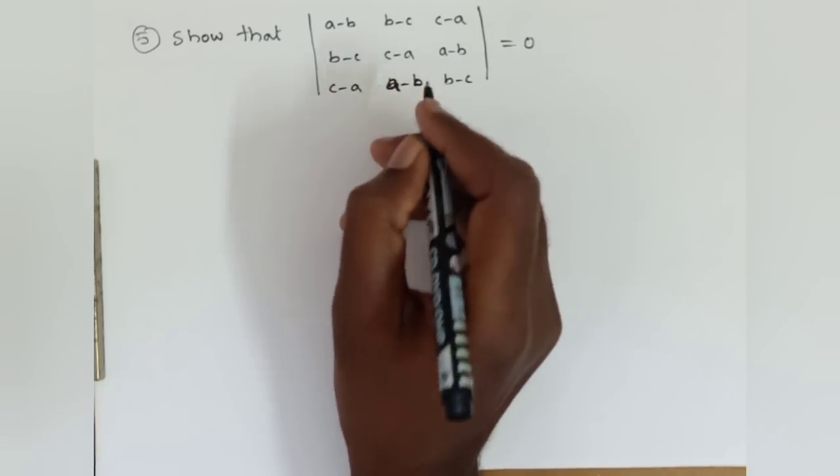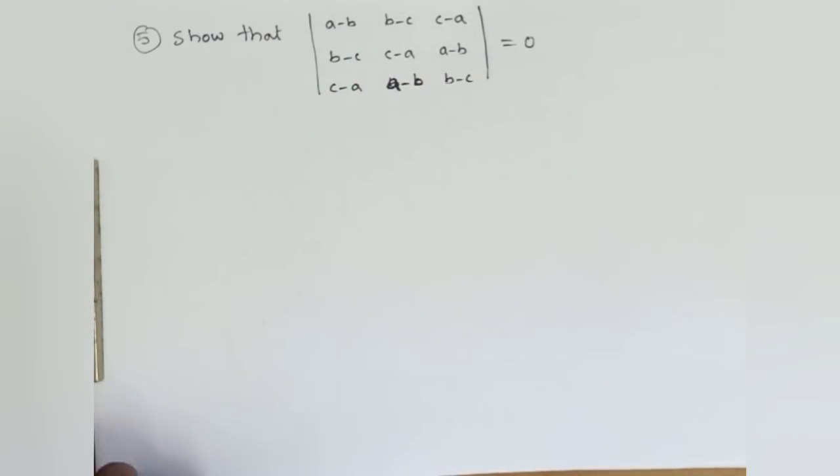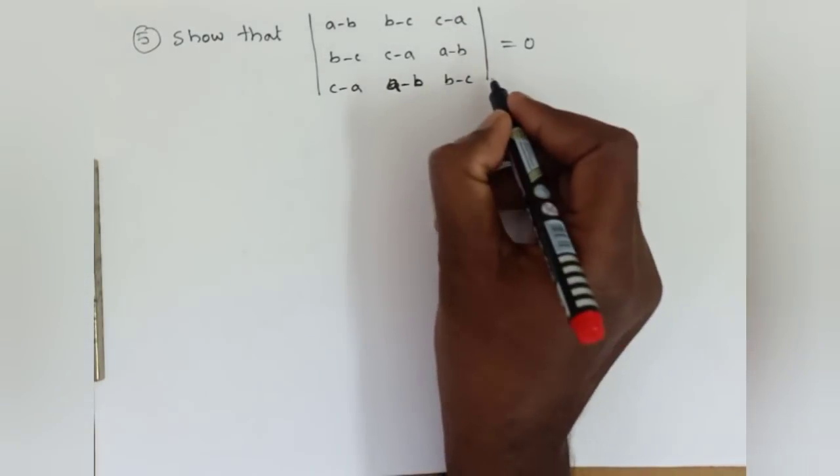So by using the properties, you need to show that the determinant value of this matrix is equal to 0.